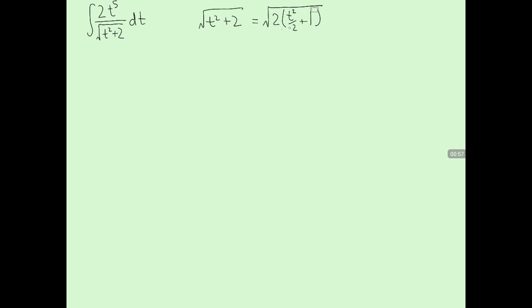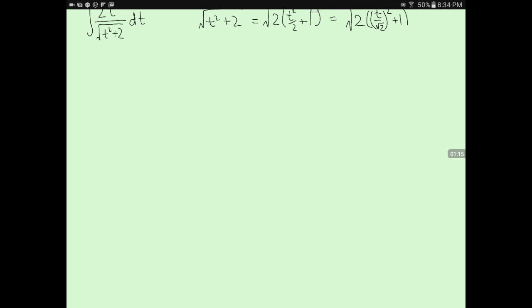And right now, if we were to bring this 2 into this t squared, then what we are going to get is 2 times t over square root of 2 all squared plus 1.